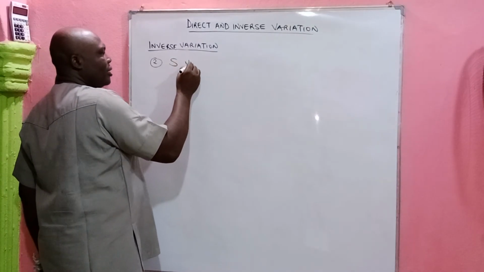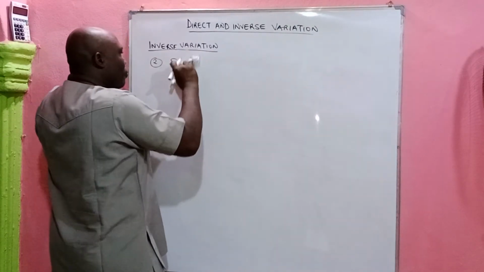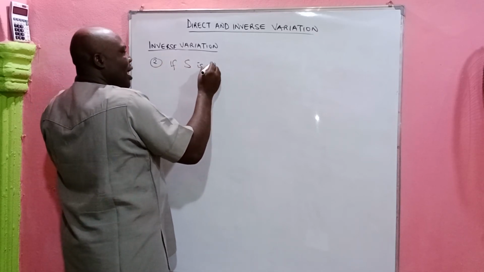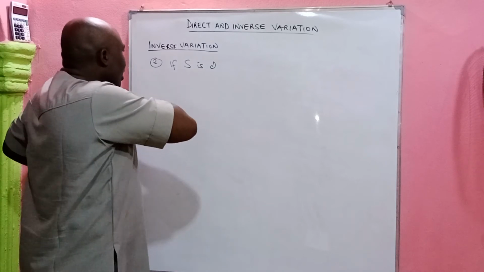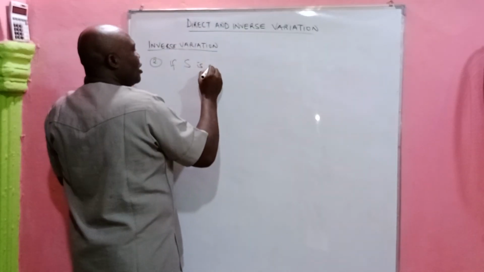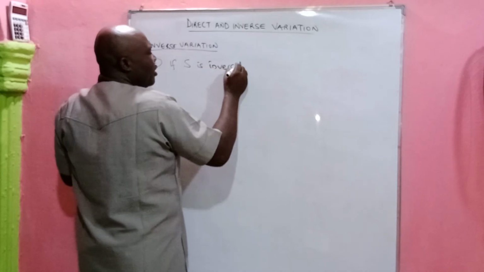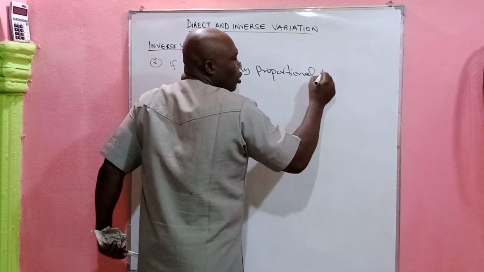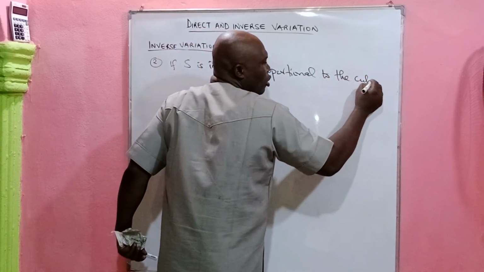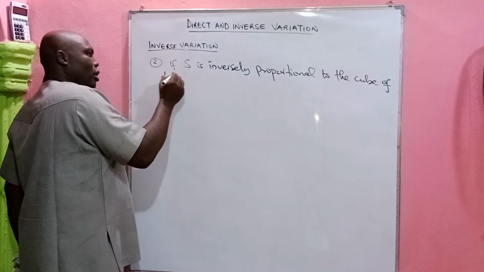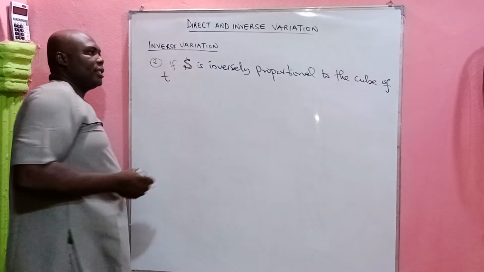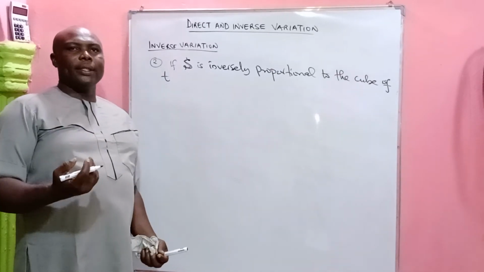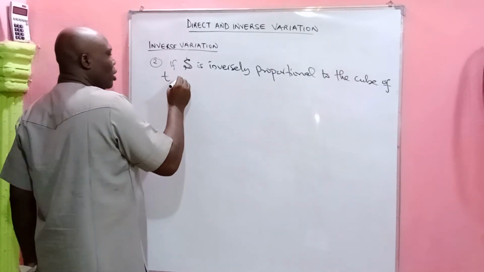S is inversely proportional to the cube of t, and then S is 50 when t is 2.